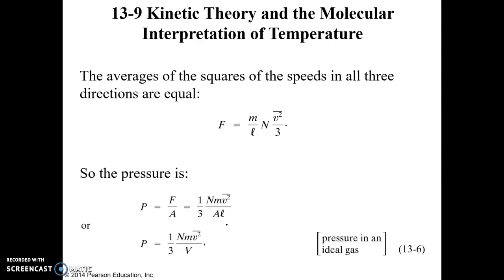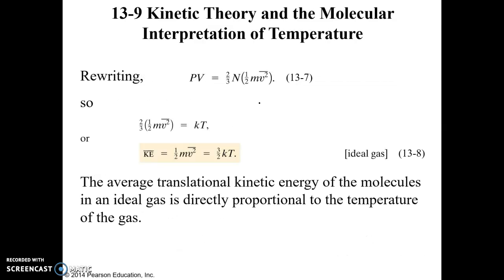So now we introduce area into that formula. And again, through some rearrangement and simplification, we get to this point where PV equals 2/3 N times 1/2 mv squared.